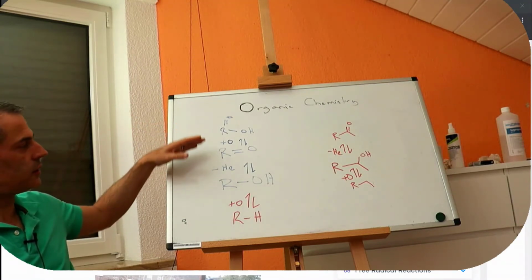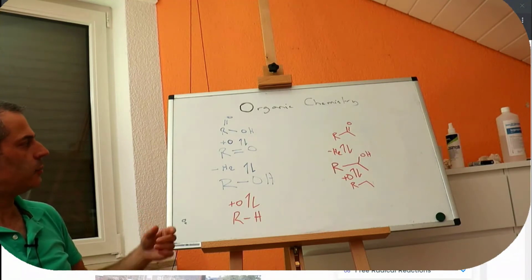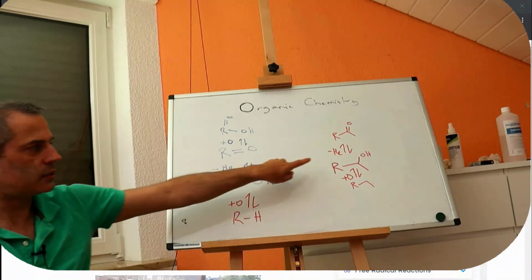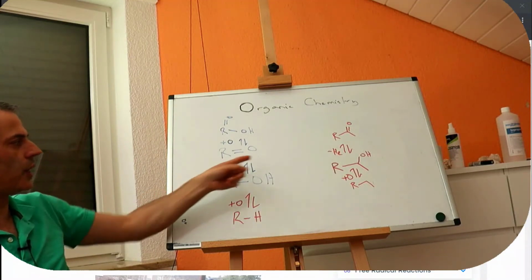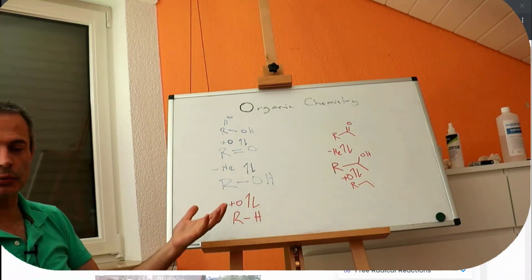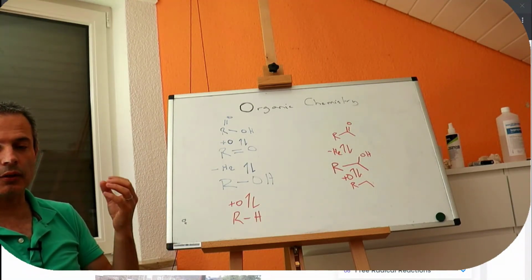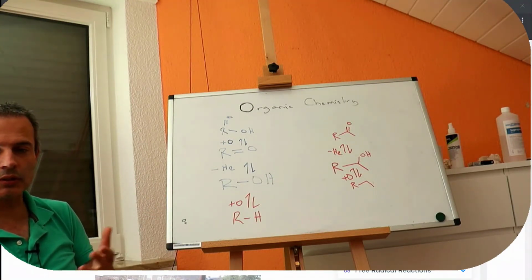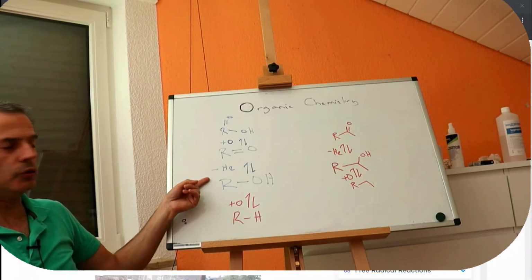If we take this row though, we can think of it in another way, because we've got this step and this step on this side where we're removing hydrogen, or we're adding hydrogen the other way, so H2. That seems quite normal for an oxidation reduction system, in which we either add an oxygen or we remove a hydrogen.